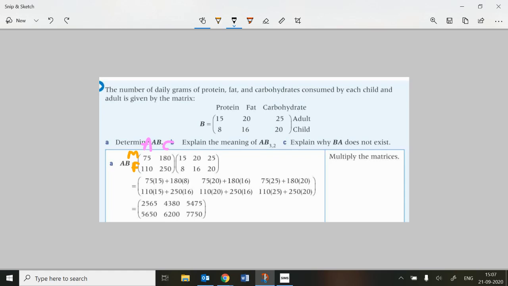Okay, so first of all, let's determine AB. Well, AB is fairly straightforward. You're going to multiply 75 and 180 by the 15 and the 8 to come up with your answer here. It's best to show your working out as we go.